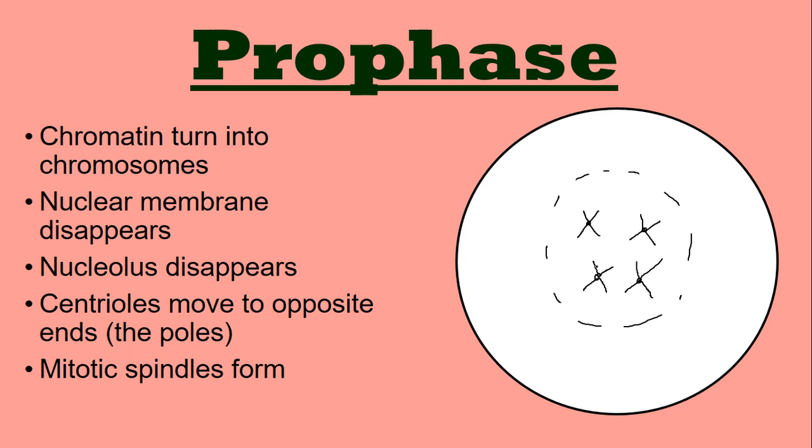We're just going to draw 4. So we have the chromosomes formed. Remember, the chromosomes kind of look like X's. And then we have our centrioles at the poles. That's how I draw them. And then fibers coming off. And that would be kind of like what prophase looks like.